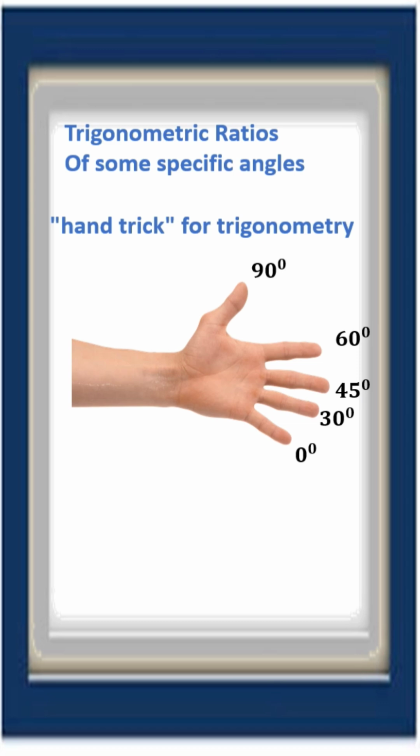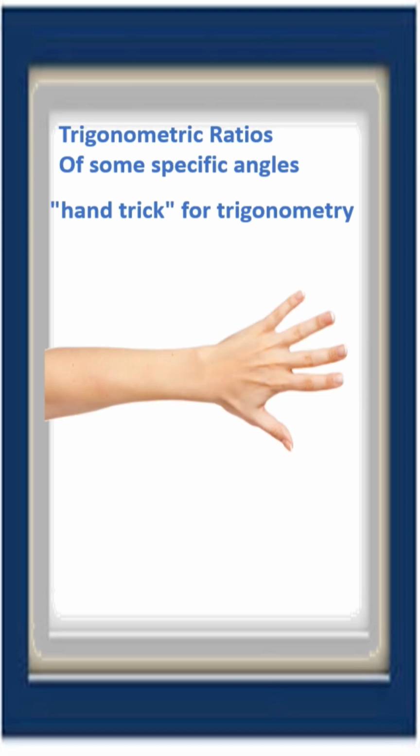Or you can put your palm down like this and write the specific angles starting from the thumb: 0 degree, 30 degree, 45 degree, 60 degree, 90 degree. Whichever is more convenient for you, follow that method.